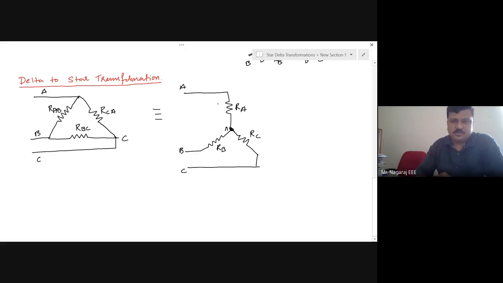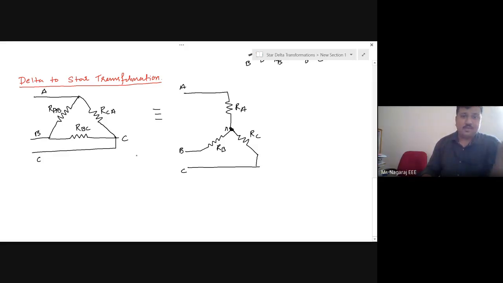Whatever star connected network I get from the delta, this star connected network should be the equivalent network of this delta connected network. And if I want to convert from star to delta, then the delta connected network should be the equivalent of the star connected network. That care has to be taken. Now we understood that whenever I want to convert from one connected circuit to another, there should be an equivalence followed.